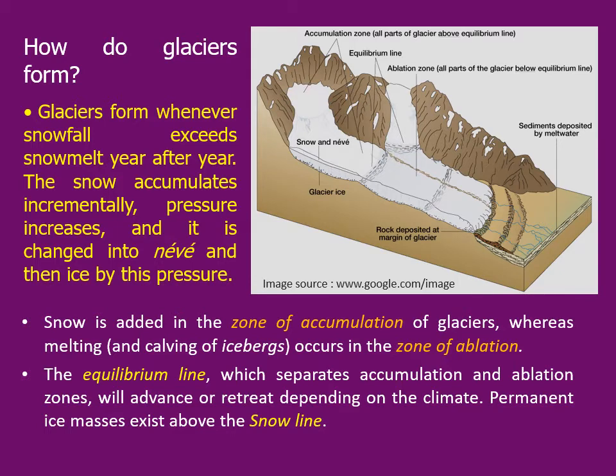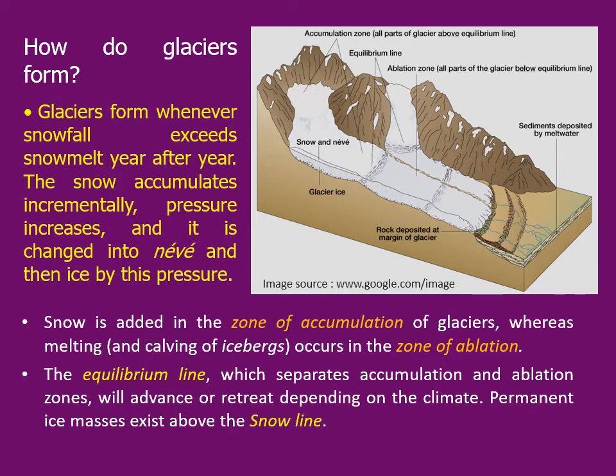So in all these ways, glacial ice mass loss happens from the main glacial body, and together all these processes are known as ablation. So there should be a balance between these two processes, the process of accumulation by which a glacier accumulates, and on the other hand the process of ablation.